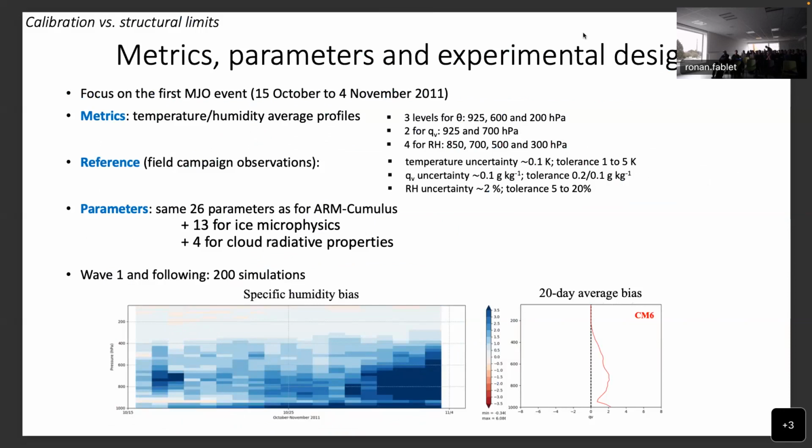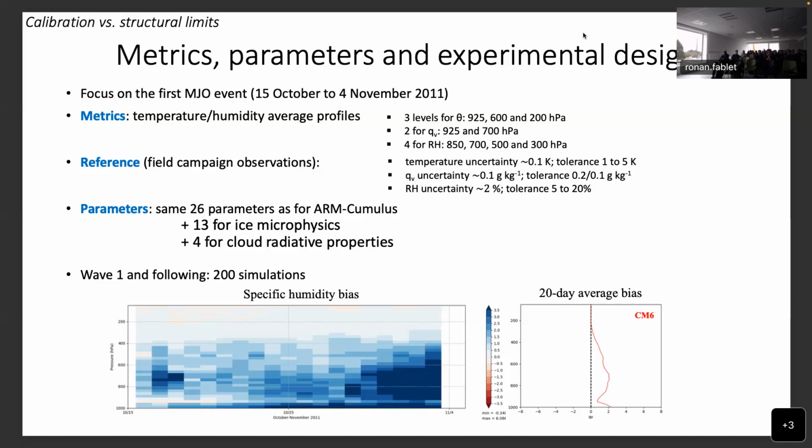So as previously, I defined metrics. They are based on temperature, specific humidity, and relative humidity profiles averaged over the full event. The reference is not a large eddy simulation. We don't have this kind of simulation for this case, but we have observations that were done at the scale of a given array, so I'm using that. For the parameters, this is the same as previously, but I'm adding new parameters because in this case I have microphysics active and radiation is also active.